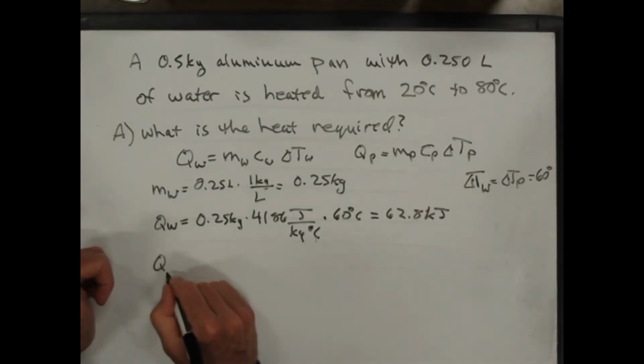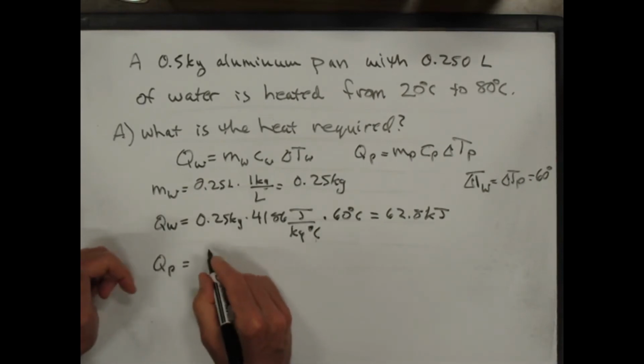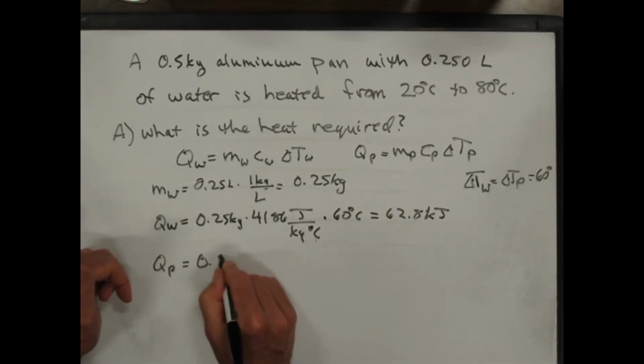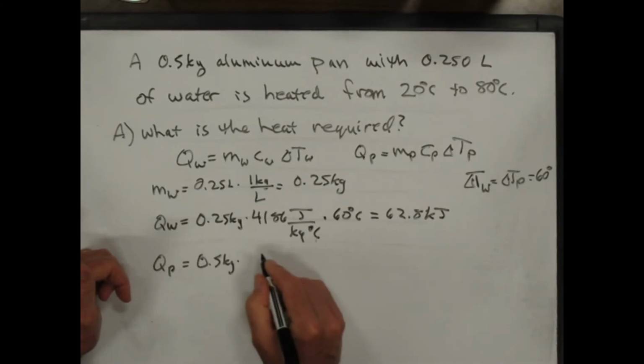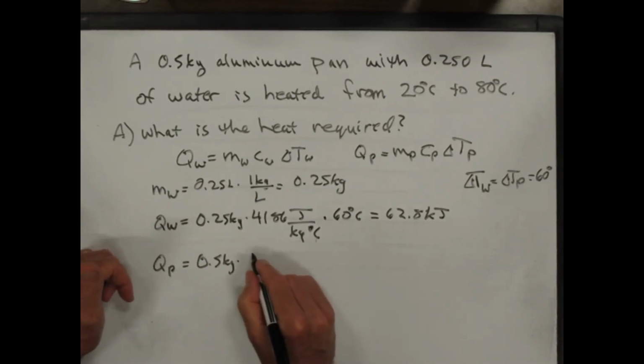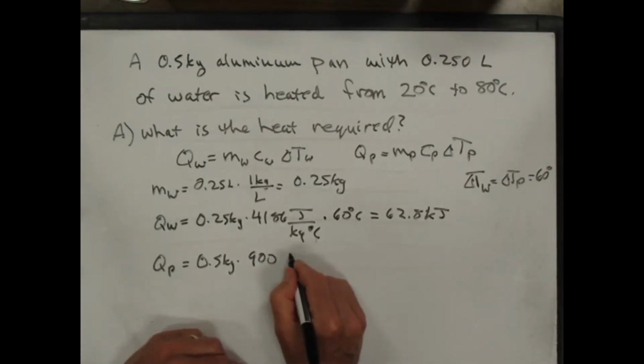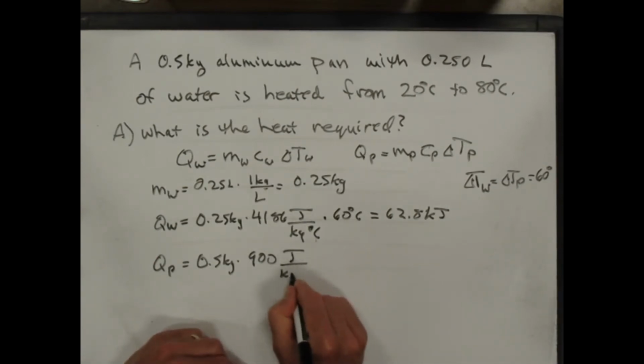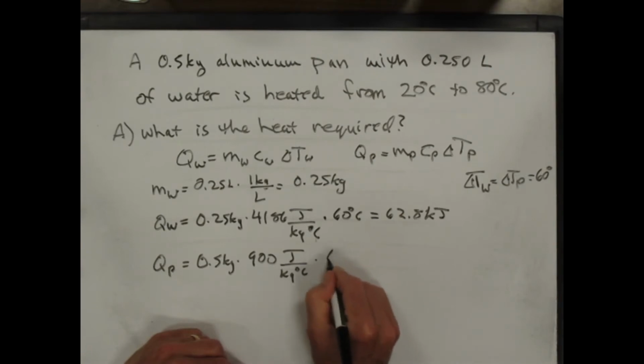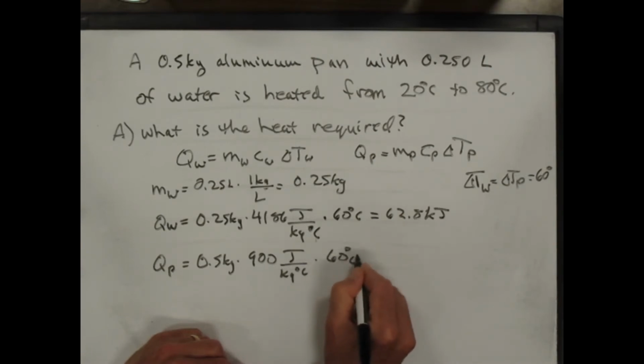Right. Q for the pan is equal to the mass of the pan, which is 0.5 kilograms, times 900 joules per kilogram degrees C, times the same 60 degrees C, right?